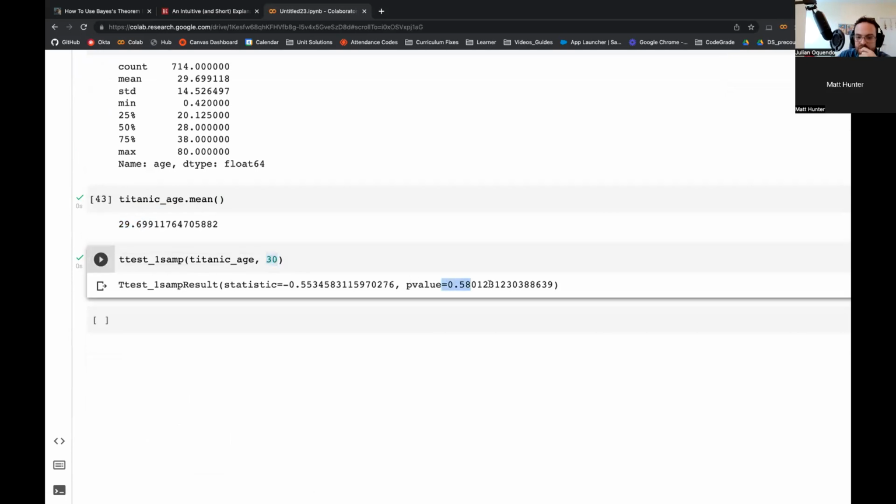The p-value of 0.58 means that in a normal distribution, say for example, let's say this is our normal distribution, the value of 29.69 has a 58% probability of being super close to these values.